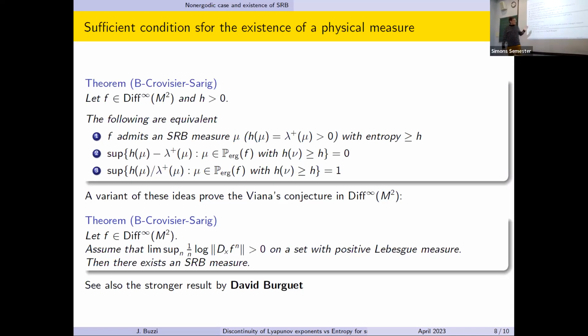Then we use these points which have good growth. You have this positive measure set, with some lambda, though it's not exactly this lambda.